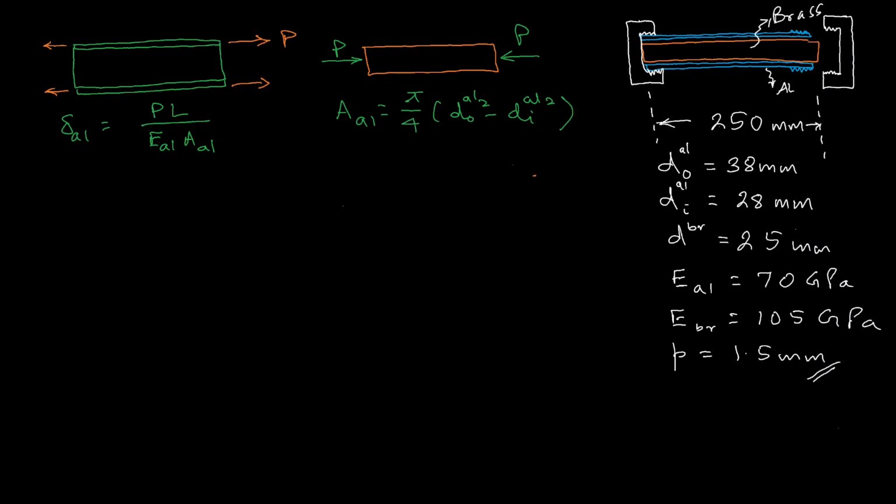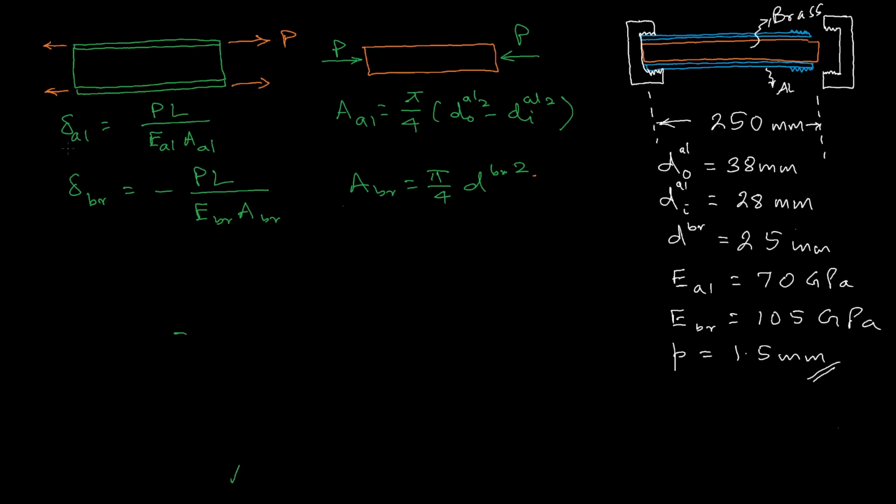Then P is the unknown, and the length is given to be 0.25 meters. At the same time, the delta of the brass will be equal to negative of the same PL over E brass A brass, and A brass will be equal to pi over 4 d brass squared. This is how you should calculate.